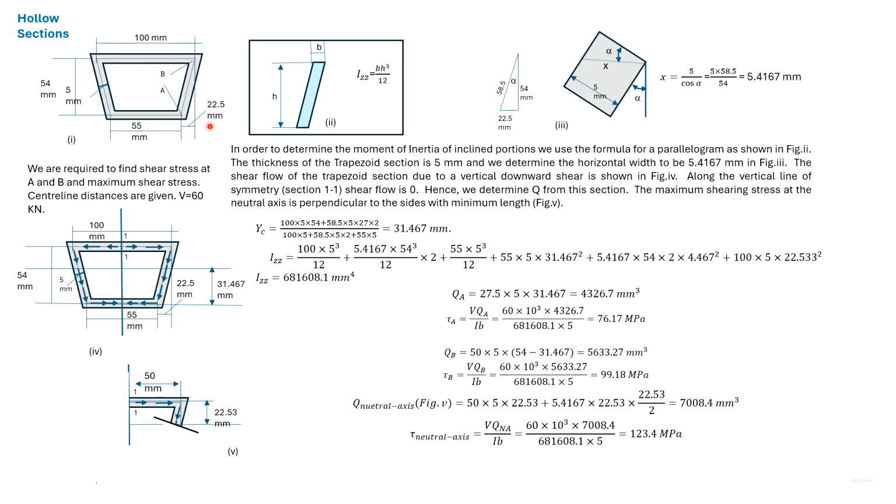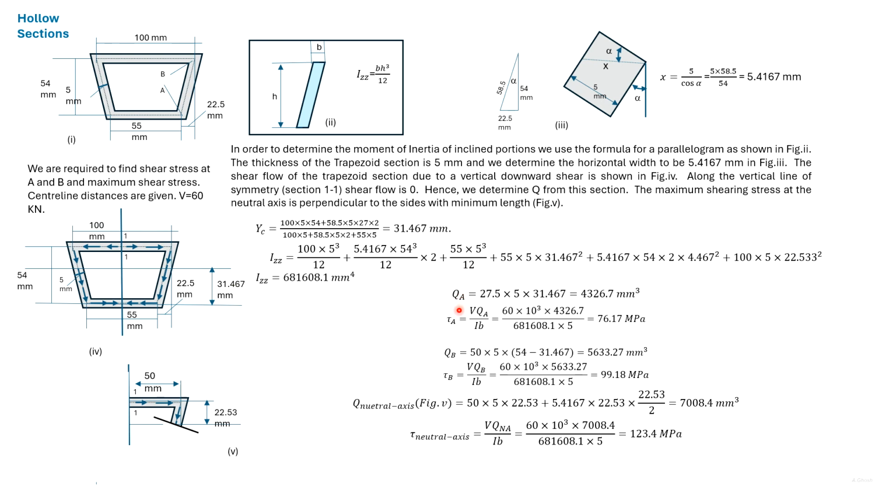We'll next find the shear stresses at the points A and B. This is the center line, the axis of symmetry. The shear stress at this axis is 0. So to find the shear stress at A, we use the statical moment of this area, which is half of 55 into 5 into this distance.